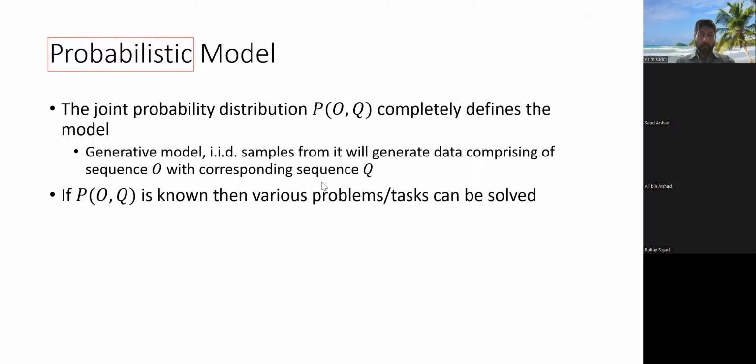So we have now the capital O and the capital Q. The joint probability distribution P over O and Q completely defines our sequence labeling problem, the problem setting that we defined earlier, where you have an observed sequence of length T and a hidden sequence of length T. The two sequences, of course, are of the same length.